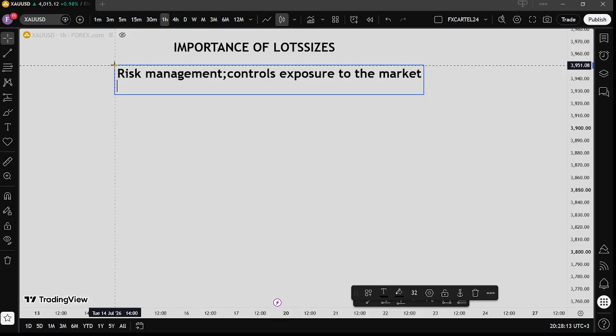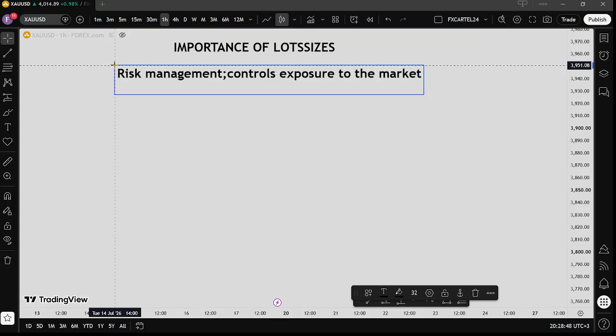So risk management helps you to control it, if you want to lose $20 of a $100 capital. You're going to go on your MetaTrader, you calculate that, and you'll be like, okay, this is where I want my loss to be, of the $20 account. So which lot size am I going to put? So you go to the lot sizing bar.